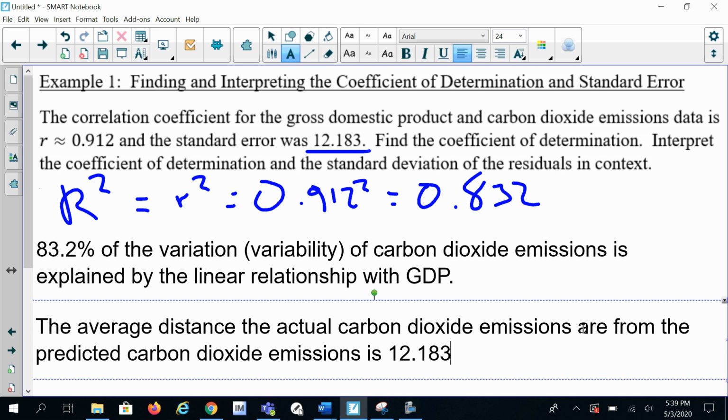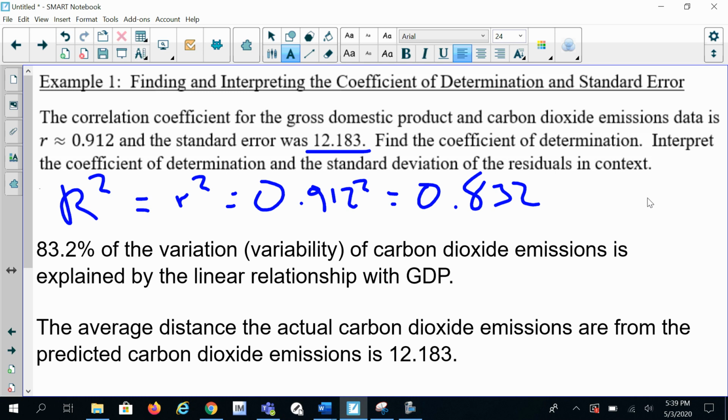They're not listed, so I'm just going to write that. So the average distance the actual y's are from the predicted y's is 12.183, or the average distance the actual carbon dioxide emissions are from the predicted carbon dioxide emissions is 12.183.